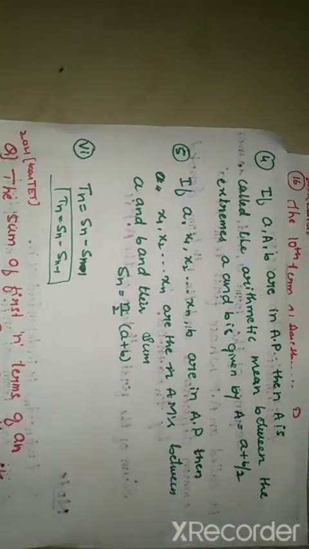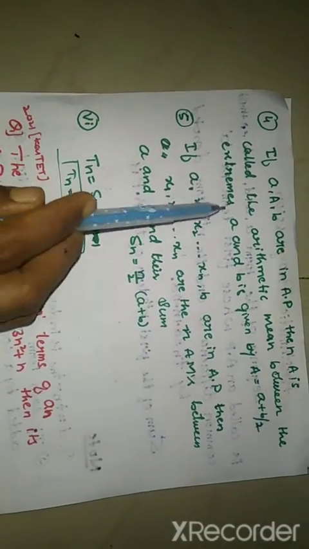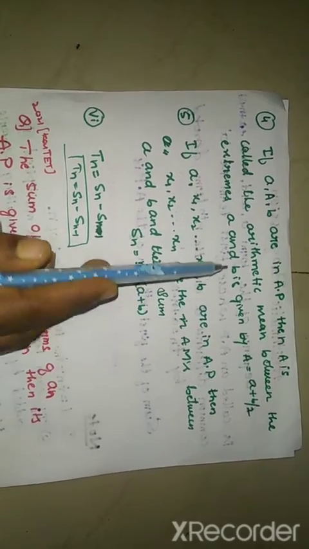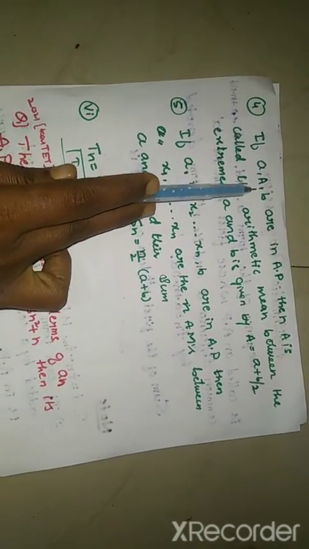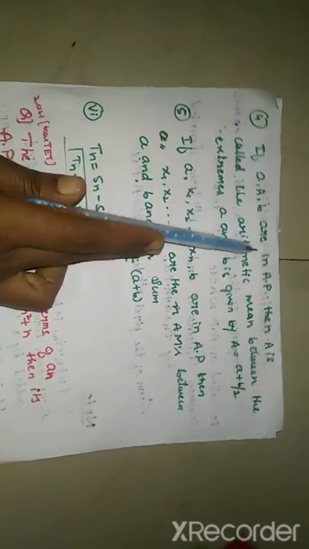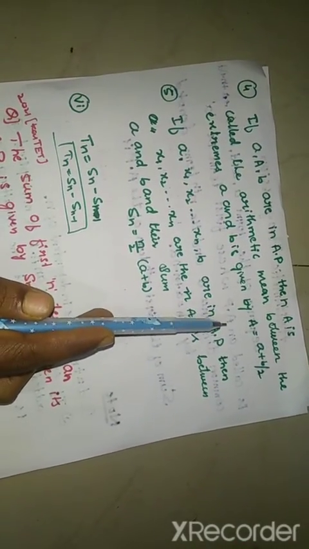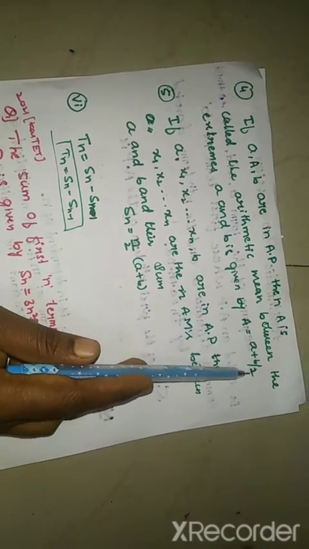The fourth point is, if A, x, B are in AP, then x is called the arithmetic mean between the extremes A and B, given by x equals (A plus B) by 2.